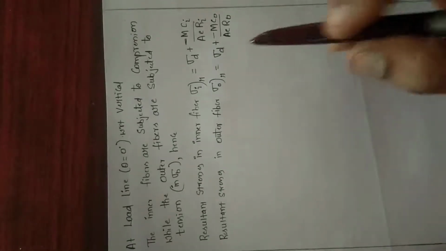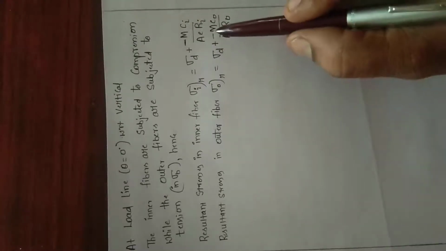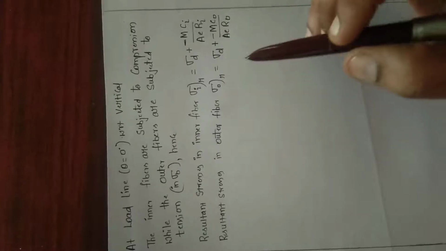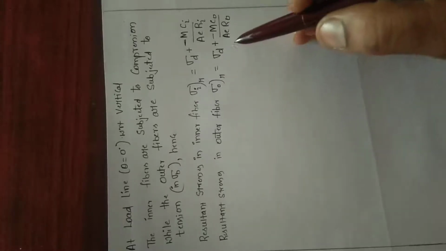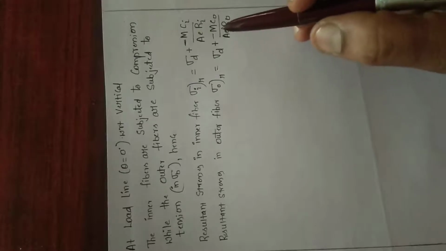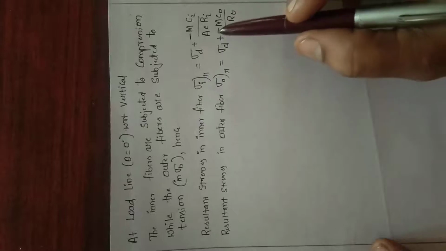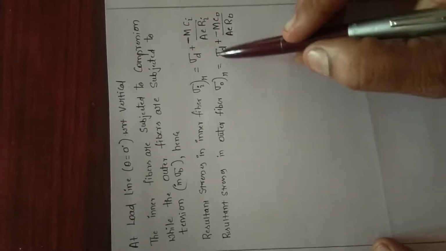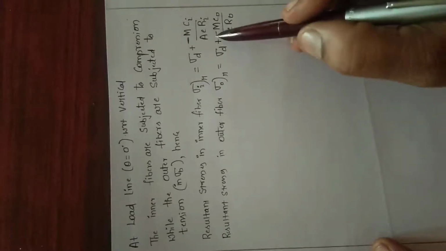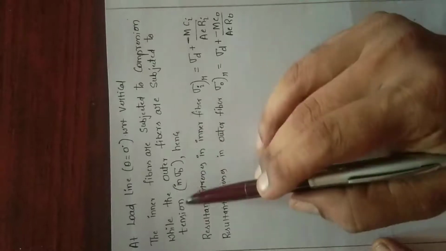But whenever you solve the problem, we have to consider this as negative and this as positive. Then why have I written negative here? Because it is in the data handbook. So it depends on the orientation, but when it is in compression you take it as negative, when it is in tension you take it as positive. When we are solving the problem we write the formula as it is, but we take this negative as positive because the outer fiber is in tension.